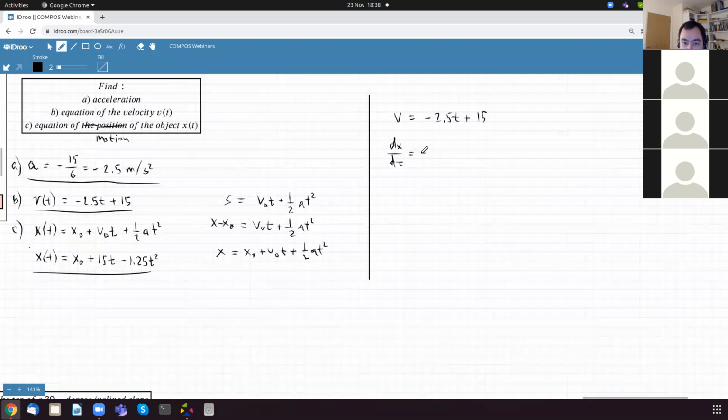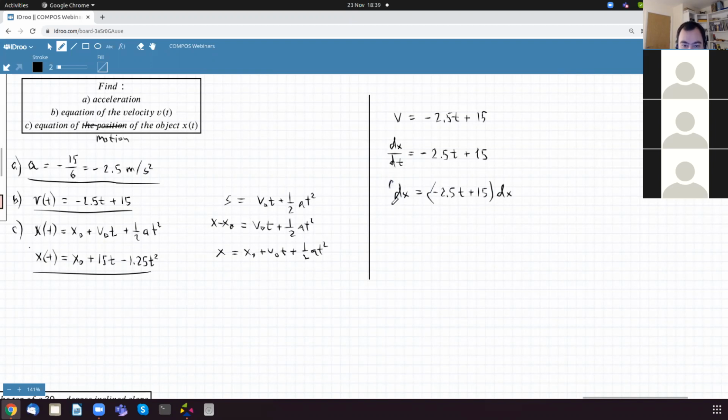If you haven't done integration yet, don't worry. This is just a heads up for you of some interesting stuff happening. And if you multiply both sides by dt, you get dx equals minus 2.5 t plus 15 dt. And then you integrate.